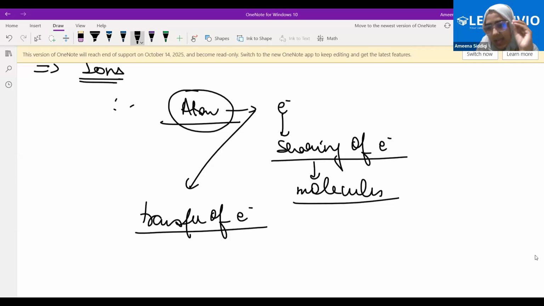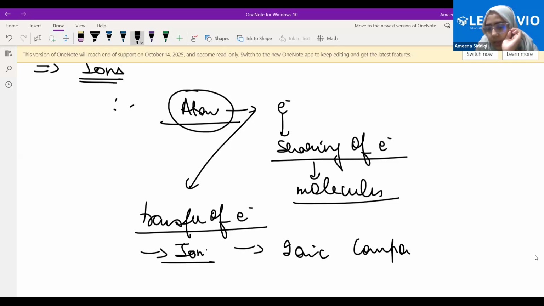Atoms are initially neutral. If they lose an electron or gain an electron, they attain a positive or a negative charge. When the charge is not neutral, either positive or negative, the atom will become an ion. So the type of compound formed by the combination of ions is called ionic compounds.